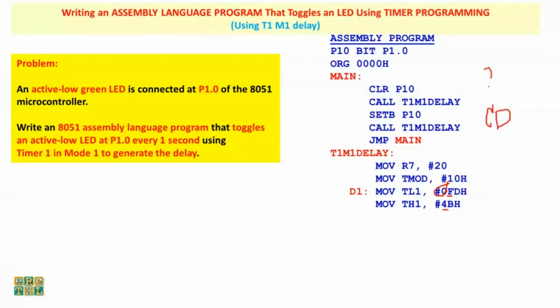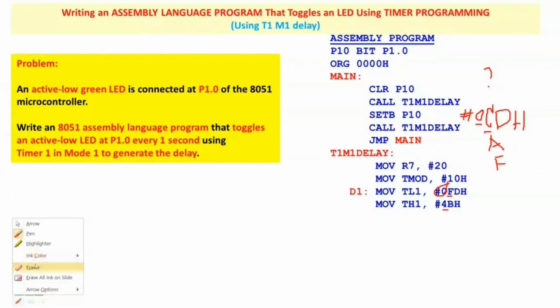I will write 0 in the beginning, and then of course you have the hash followed by letter H here. That's what you will do. We always put 0 if the hexa starts with letter A, letter B, up to letter F. Like here, it starts with 0 because the one here is letter F.